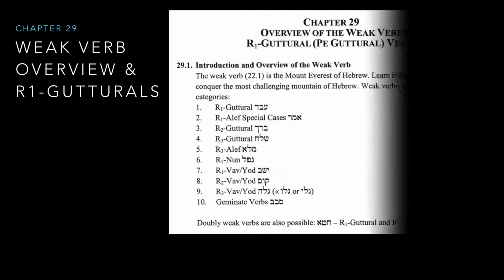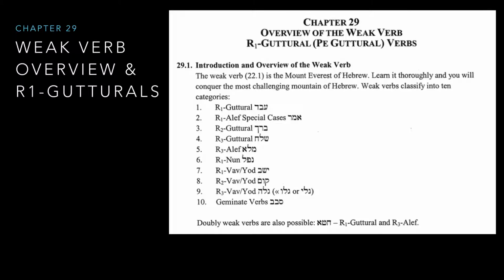Chapter 29, we get into the weak verb. Now, this is going to be the place where we start to get a little messy. Weak verbs basically are described as any verb that has a weakness, and the weaknesses typically revolve around the gutturals, the guttural letters. Also, the noon tends to be a weak letter.